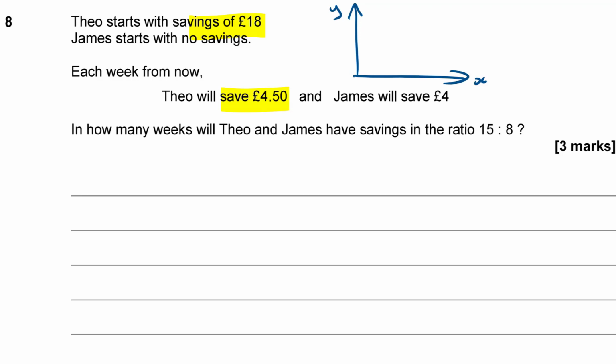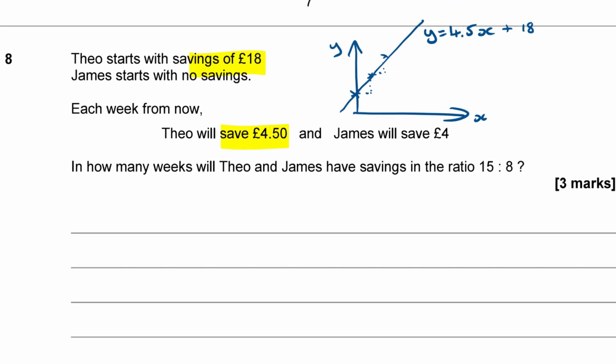So Theo would start on 18 and every week it would increase by £4.50, giving a straight line graph with the equation y equals 4.5x plus 18, which is your y-intercept. So that's Theo's.